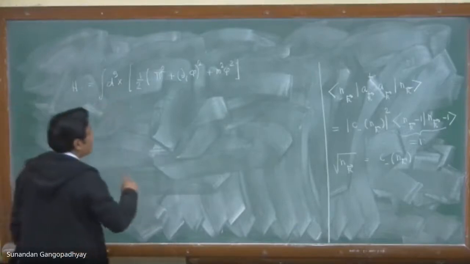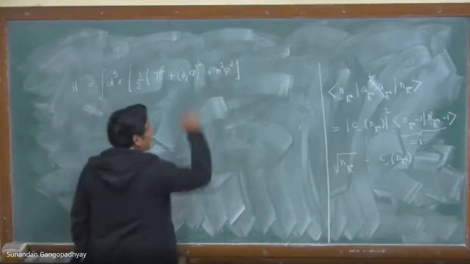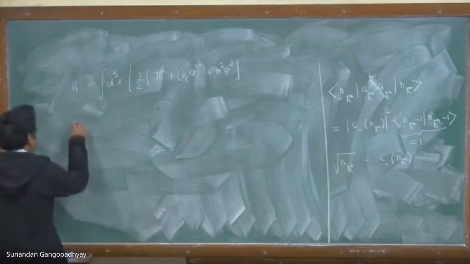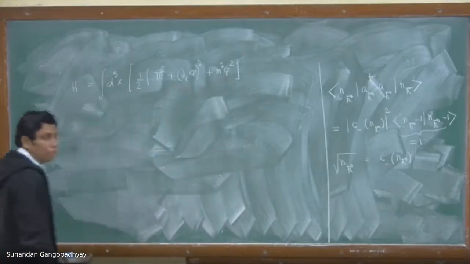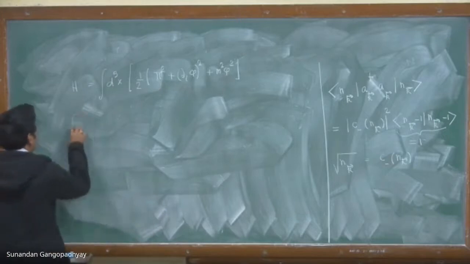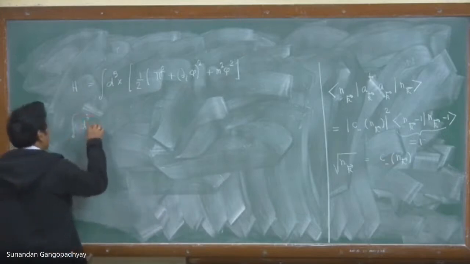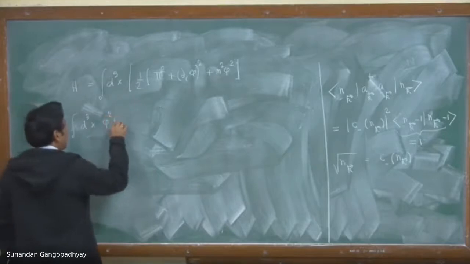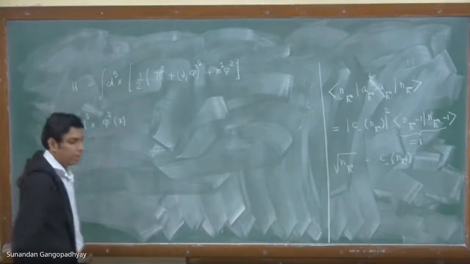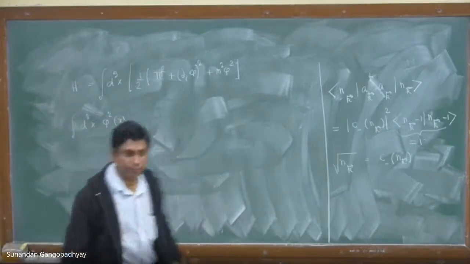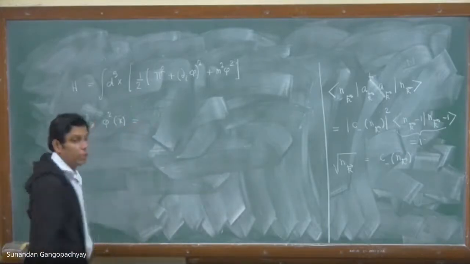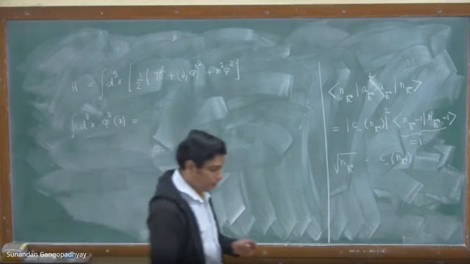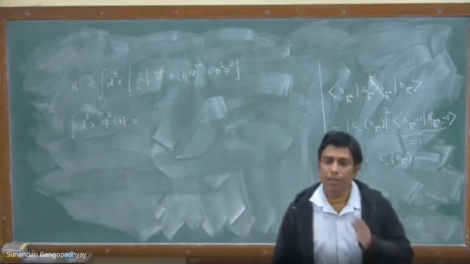So let us first calculate the last term. Let us forget about the factor of half and m square also for the time being. What we want to calculate is the integral d cubed x of phi square x, where please remember that this phi is now an operator. We know what the mode expansion for phi is, and we shall do the calculation in the discrete case.